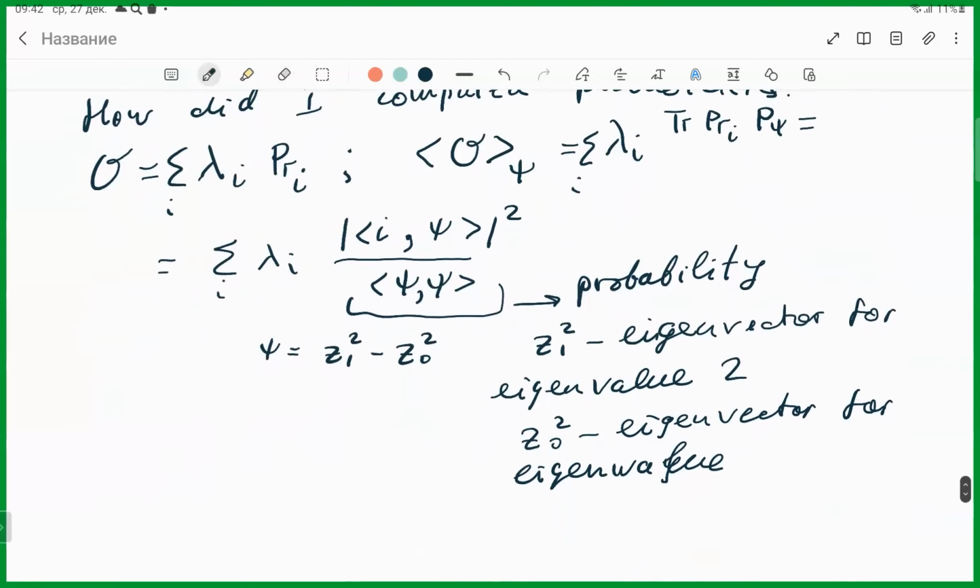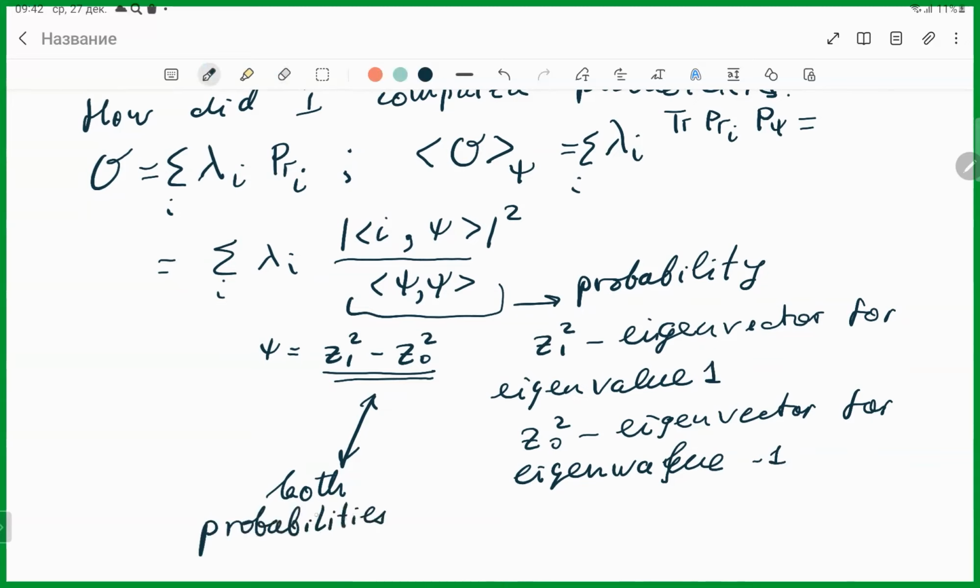So because of this decomposition, both probabilities, sorry, eigenvalue 1, are equal and equal to 1/2. Okay.